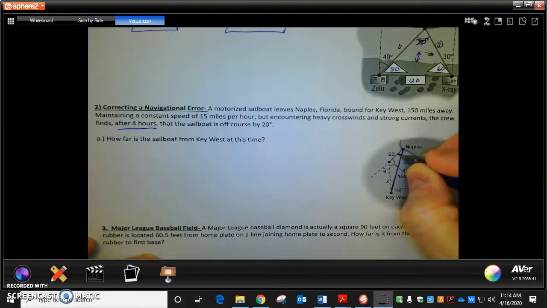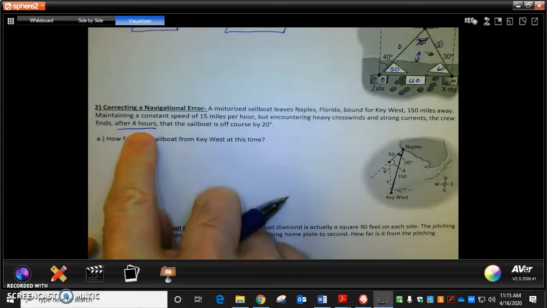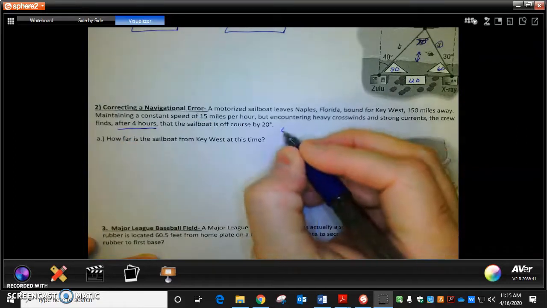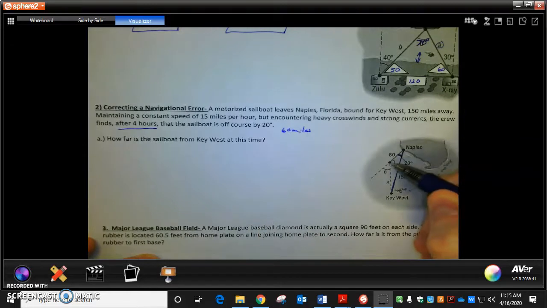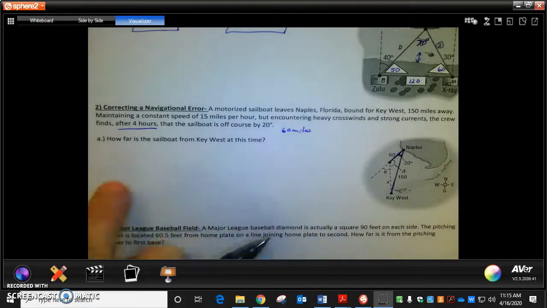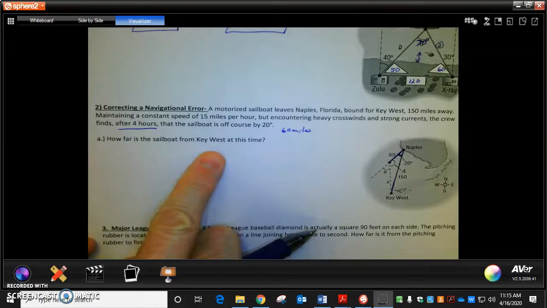They were going off course at 20 degrees. Now, they were going 15 miles per hour for 4 hours, which means they covered a total of 60 miles. And if you look at the picture, they went ahead and labeled that for us. So here's what we've got. The question is, how far is the sailboat from Key West right now?